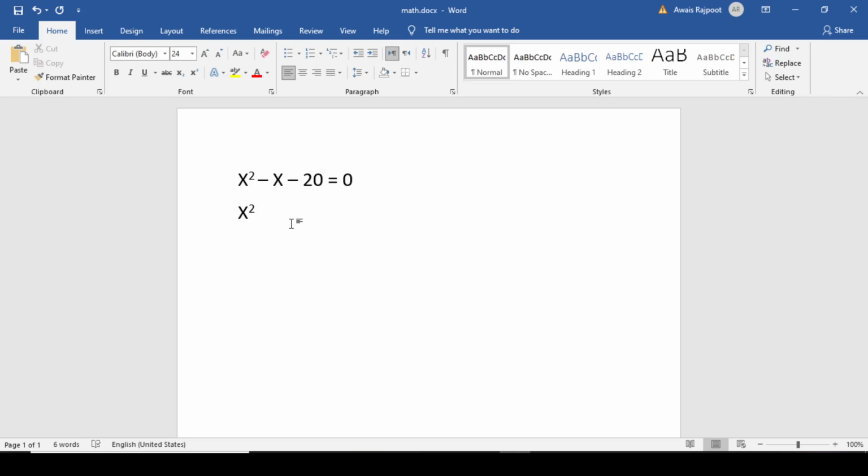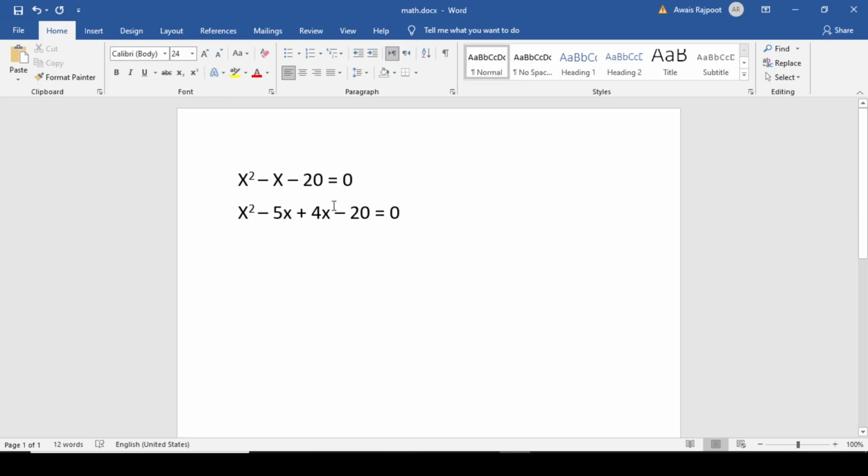So I will type x square minus 5x plus 4x minus 20. Hopefully you will understand. If you cannot understand, you can comment down and I will guide this lecture again. Do not worry, I will teach you in the best way.